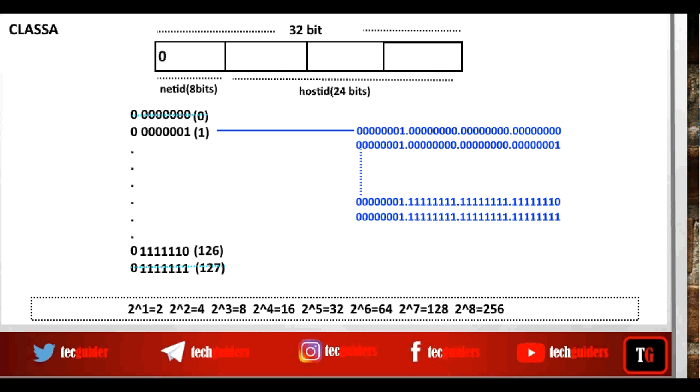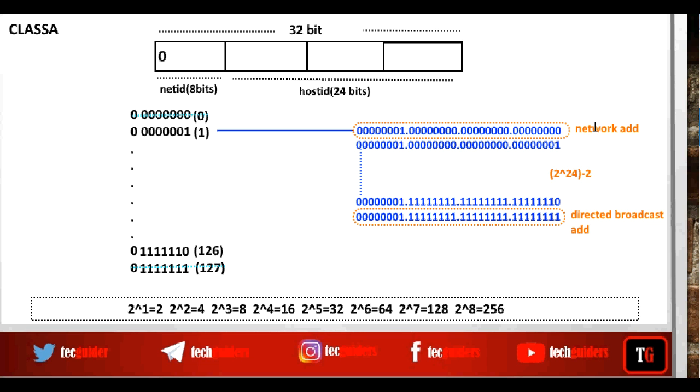Now, the network ID portion or the first octet is fixed. With the remaining 24 bits, we can have 2 power 24 possible combinations from all zeros to all ones. So with respect to each network ID, there are 2 power 24 possible IP addresses. Among them, the first IP address is used to address the network itself, and the last IP address is used as the directed broadcast address for that network.